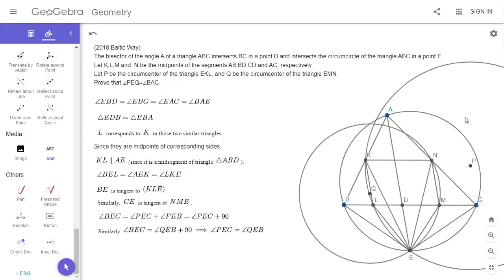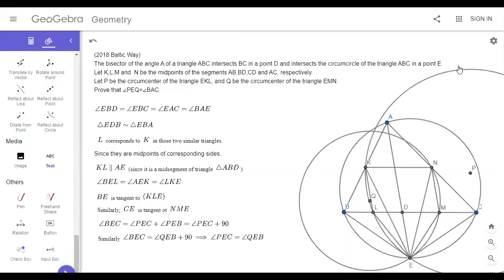Oh, I think I have an idea, actually. So BEC is 180 minus A, so PEC is 90 minus A. Okay.